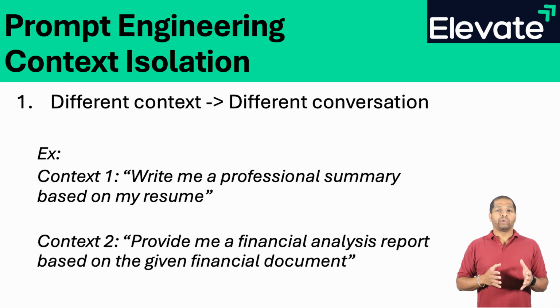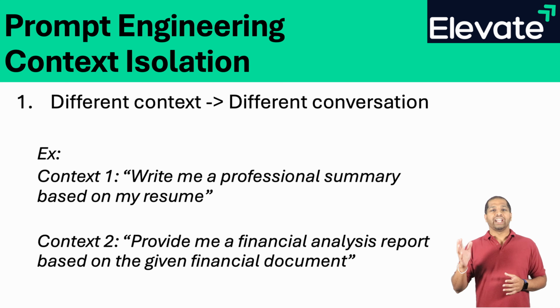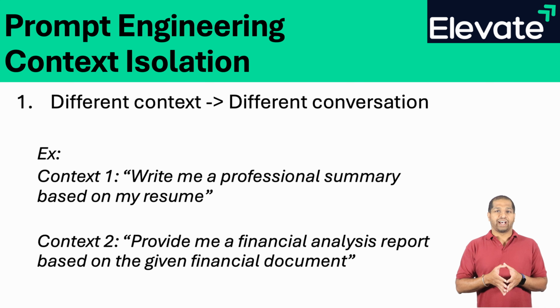Since the GPT model maintains context of each conversation in its memory and uses the same to infer responses, if you use the same conversation for both these tasks, the GPT model would try to include facts from your resume into the financial analysis report. This is not what you would expect. So it is essential to use different conversations for different contexts for context isolation.